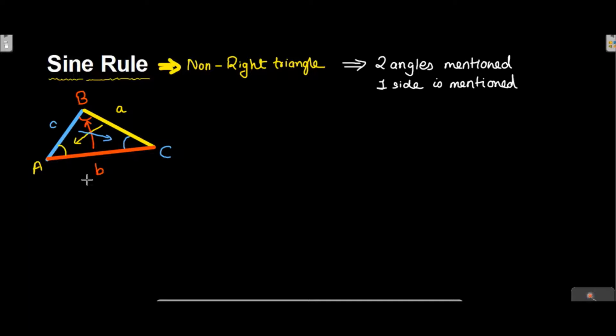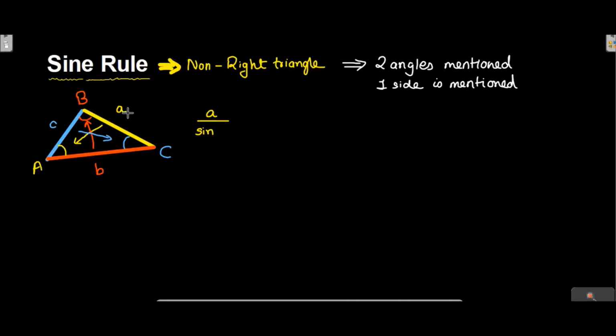Fine. Now let's talk about the formula. It is written like this: the side divided by the sine of the angle opposite that particular side.